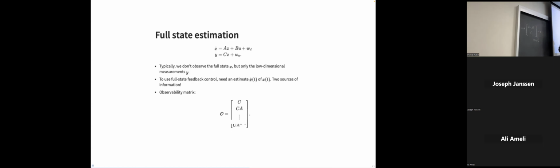For simplicity, imagine that C is just a row vector and all the eigenvalues are distinct. Then all the eigenspaces are one-dimensional. So the condition for observability would be that the vector C has some non-zero component along all of the eigenspaces of this matrix. It can then be shown that if C is generated randomly, then with high probability that's going to happen, and so with high probability, things are going to be observable.